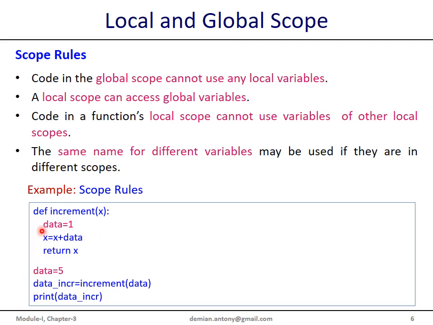That's why this variable is different and takes different memory, and the variable data found in the global scope takes different memory. Thus the output of this is just the value 6. The data 5 is passed here, and then 1 is added, and it is returned and assigned, and it is printed, that is 6.